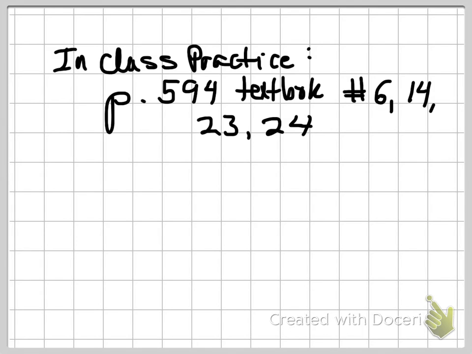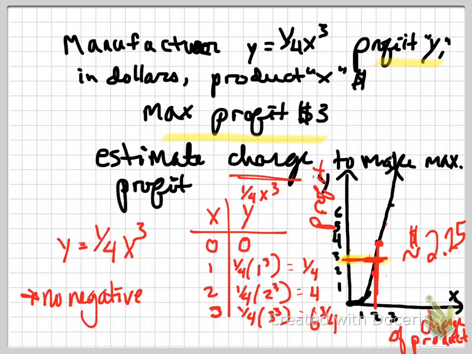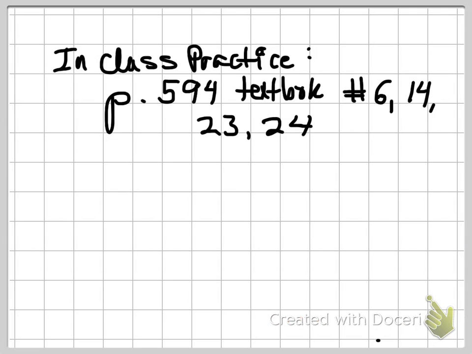So you can practice graphing quadratic and cubic functions both a couple times. Number 23 does ask you to look at the maximum on a graph, just like with our last example, looking for maximum and intersection.